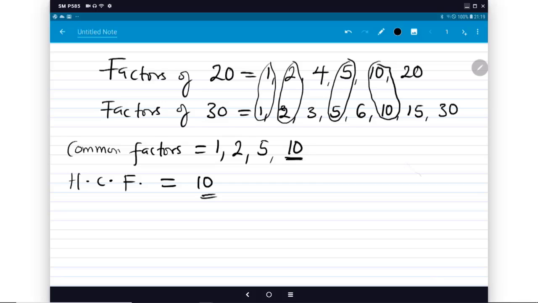So this 10 is the biggest number that can divide 20 and 30 with a remainder of 0. That's the highest common factor of 20 and 30. So that's what we mean by HCF or greatest common divisor.